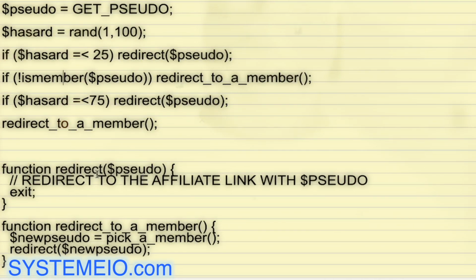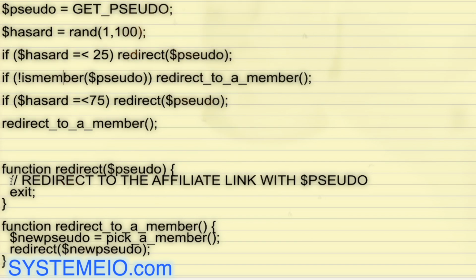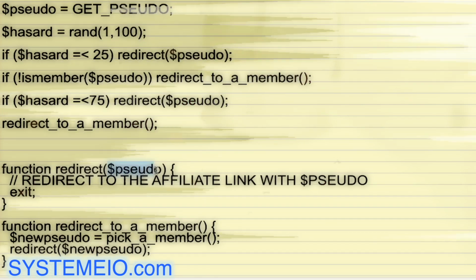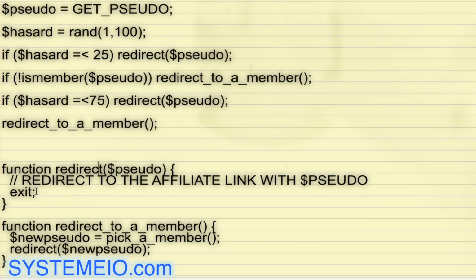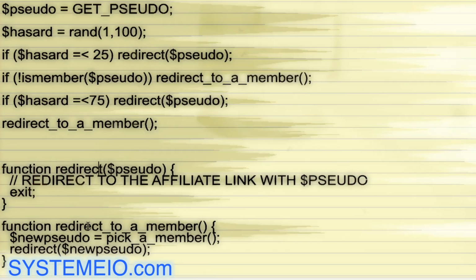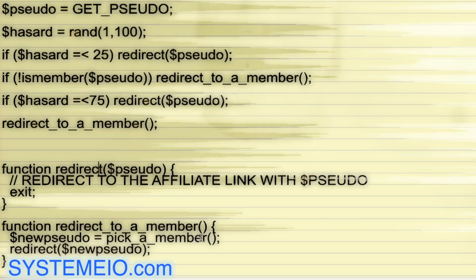Now we will see the functions redirect and redirect to a member. The function redirect is only to create the final link, I didn't write it here, to System.io with the affiliate ID of the pseudo that you get in the function. You redirect and you exit the code. And the function redirect to a member is the same, but here you have another function which will pick a member at random.